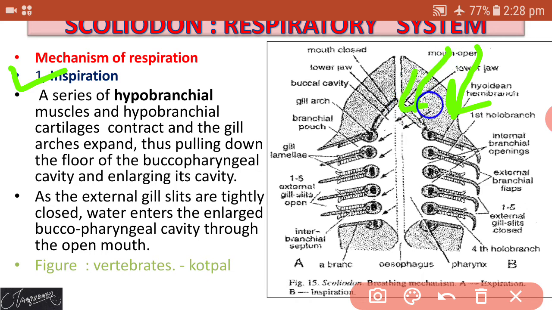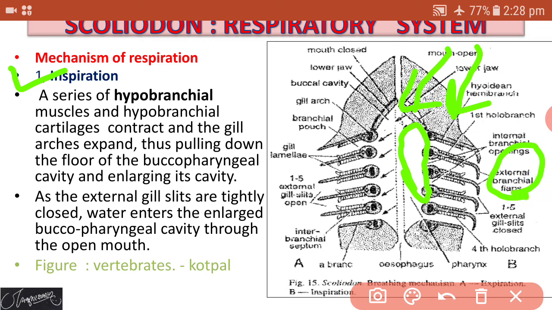The mouth is open. There is a particular type of cartilages and muscles, due to which the cavity of the buccopharynx, that is the cavity of the pharynx and buccal cavity, can be increased. At the same time, external gill slits are closed by the external branchial flaps.